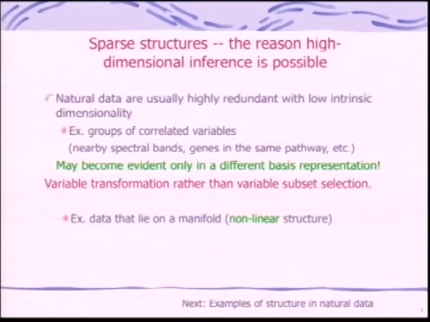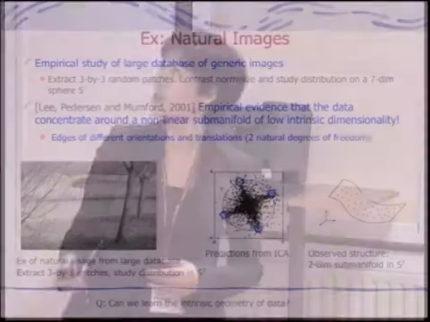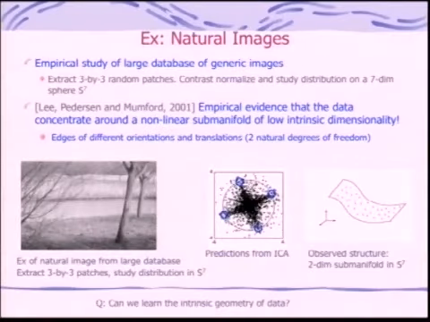Then you may also have structure that cannot be revealed by linear techniques. So you may have data that lie on a nonlinear structure. And we've seen empirical evidence for this for natural images.